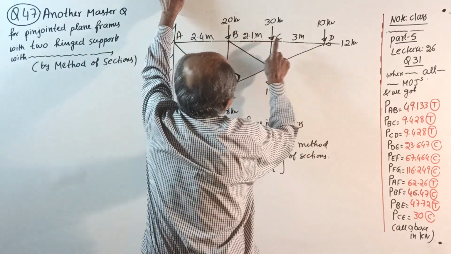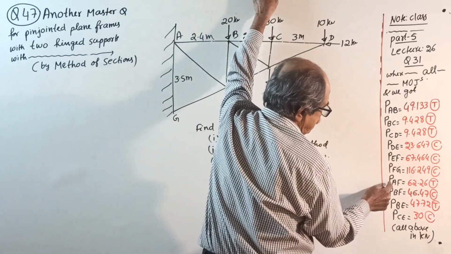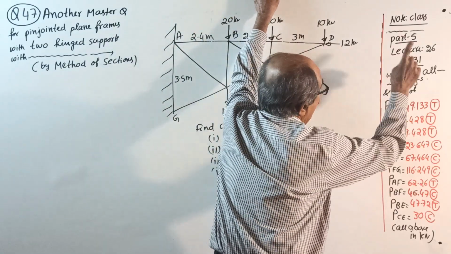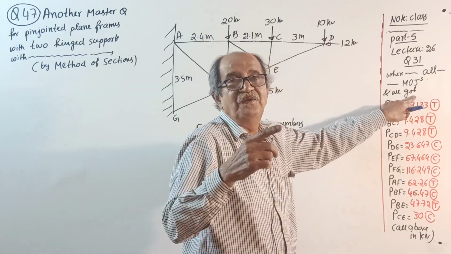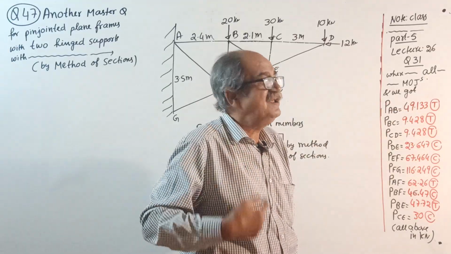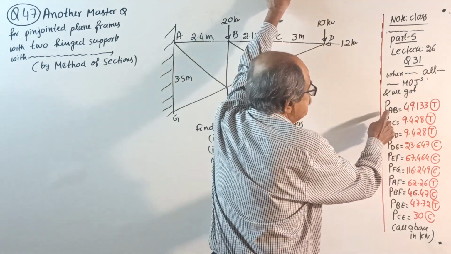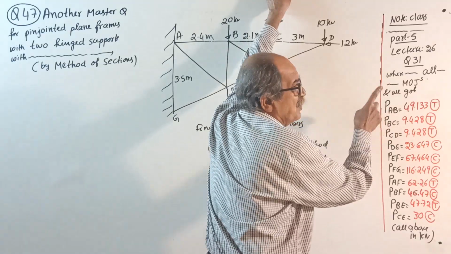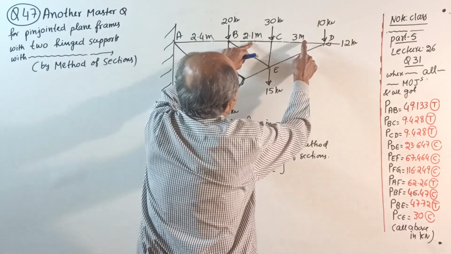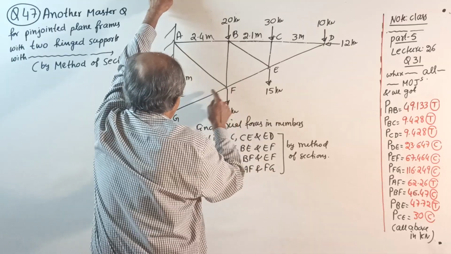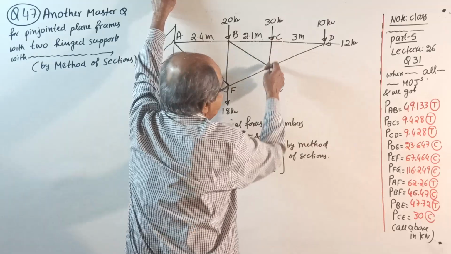See, 1, 2, 3, 4, 5, 6, 7, 8, 9, 10 members, all members by method of joints. And we got, if you have solved, we got, P stands for axial force, in the order written here: AB, BC, CD, DE, EF, FG, AF, BF, BE and CE.